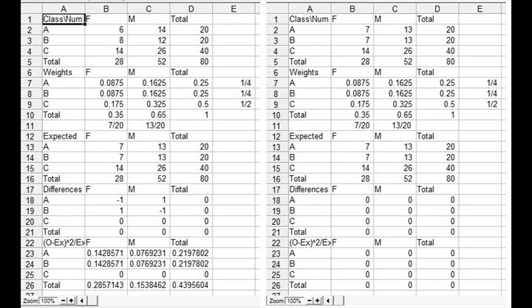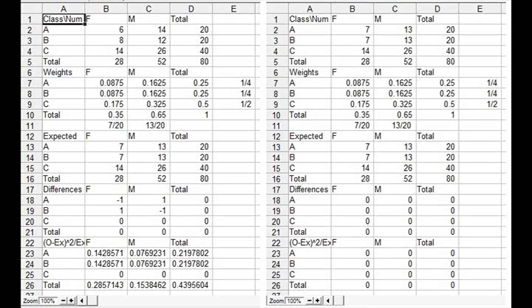And looking at it row by row, class by class, we had 20 in Class A, 20 in Class B, and 40 in Class C, and of course, again, added to 80. Now, what we're going to do is figure out some weightings. We're going to take the proportions of the rows and the column totals of the grand total, here 80, and it turns out we have a quarter in Class A, a quarter in Class B, 1/2 in Class C, and of course the weights add to 1.